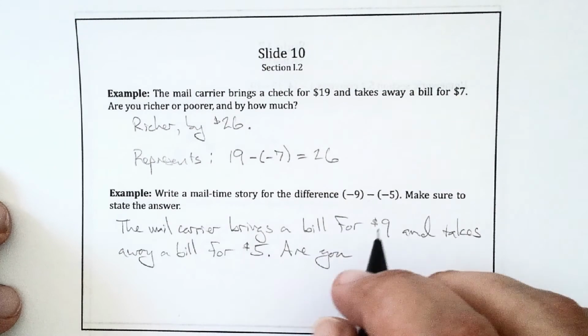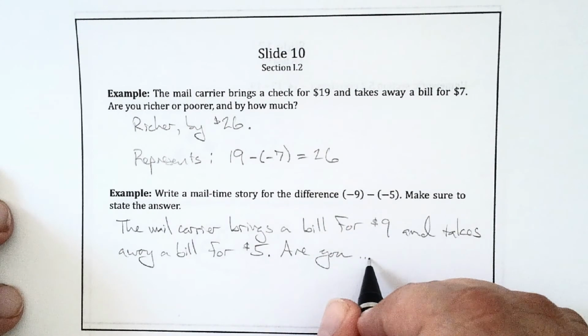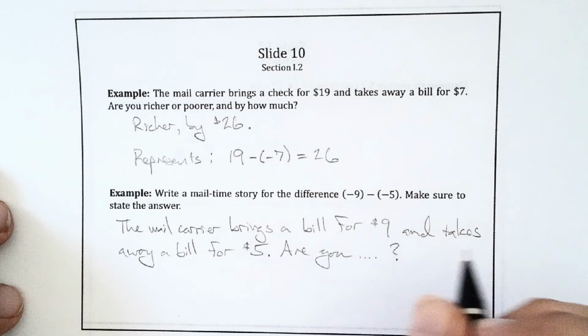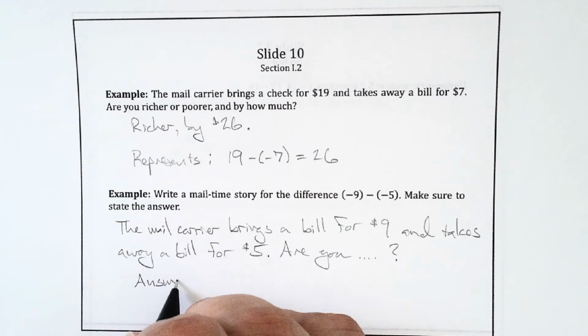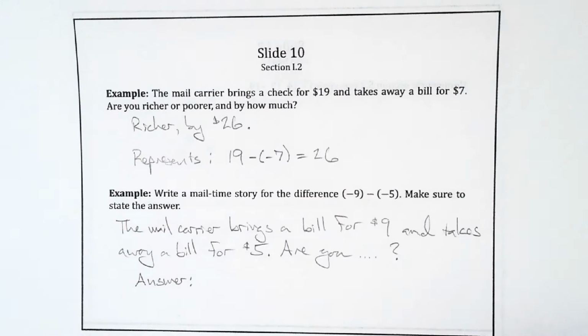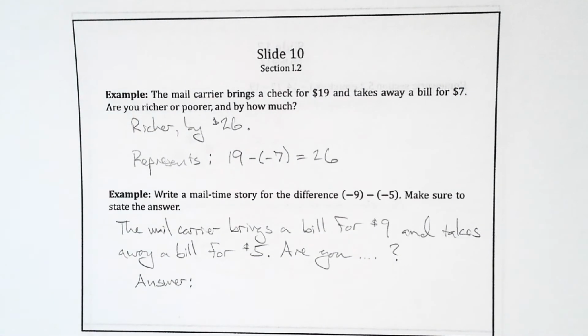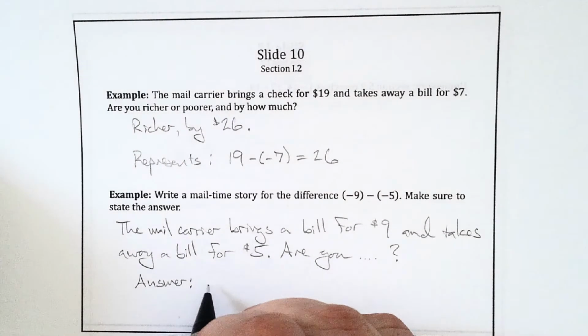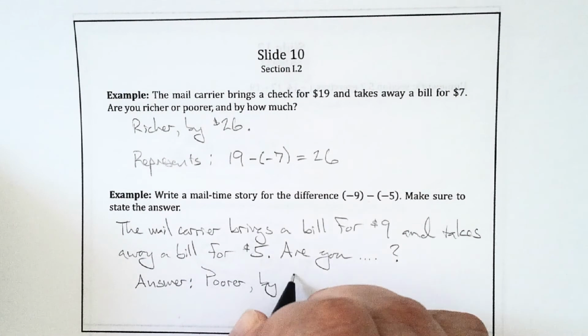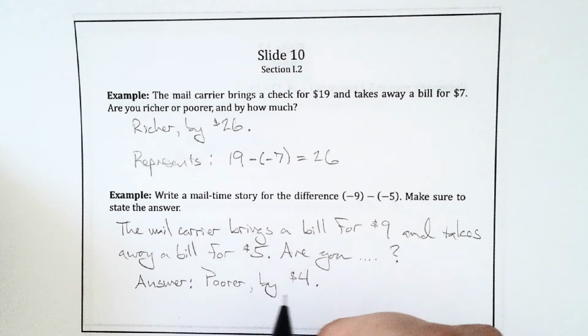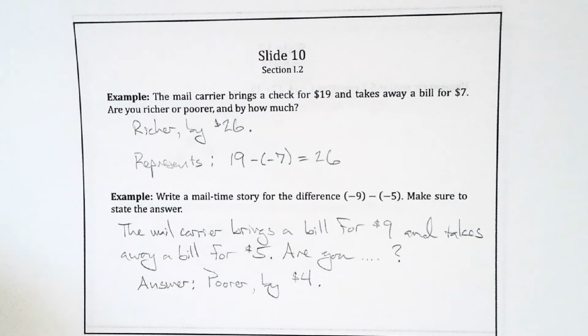I won't write the whole thing out. And the answer here is that, well, let's see, so he brought us a bill, so we went down $9. Sent away a bill, we went up $5. So in all, we are poorer by $4. So we lost 9, we gained 5. So we're still down by 4.